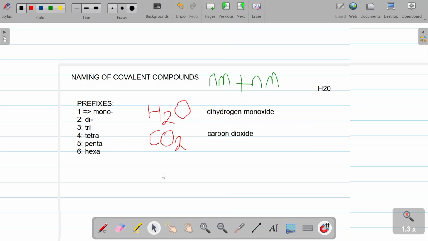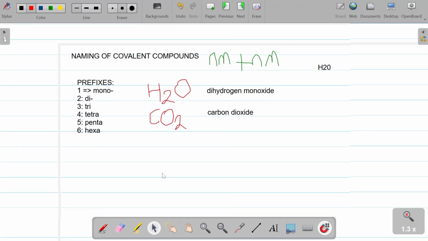Okay. So these are two very common compounds that we all should already know. Let me take another one. Now this one is just CO. I'll give you about 2 seconds to try to name this. Okay.